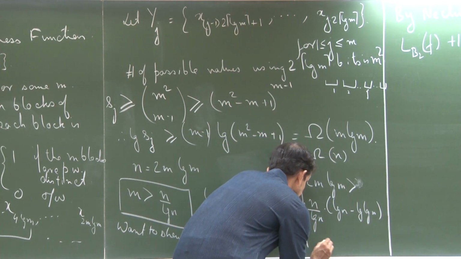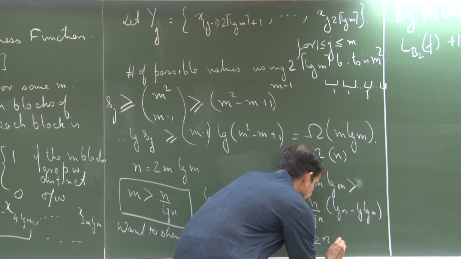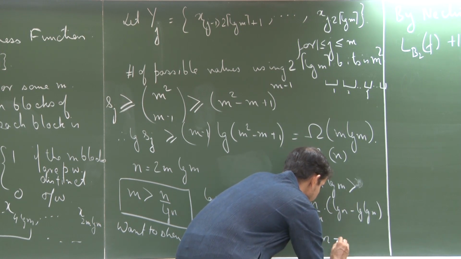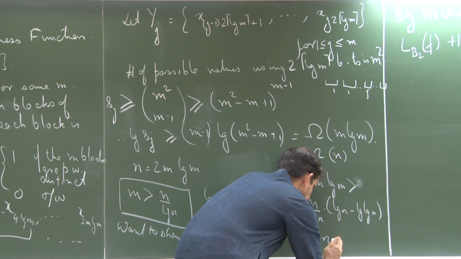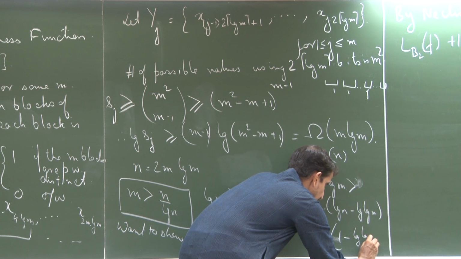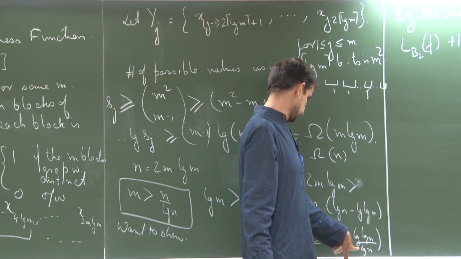So this is equal to 2n minus one minus log n by log n. So this is less than 1.